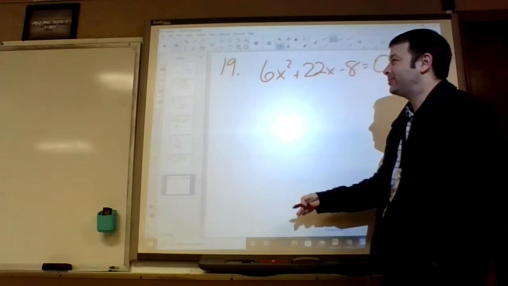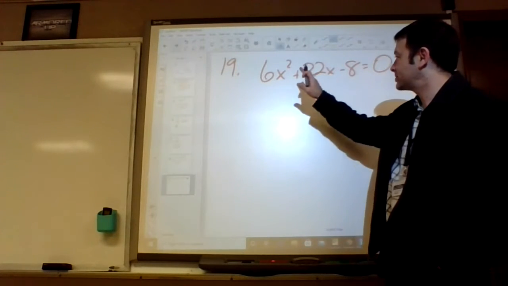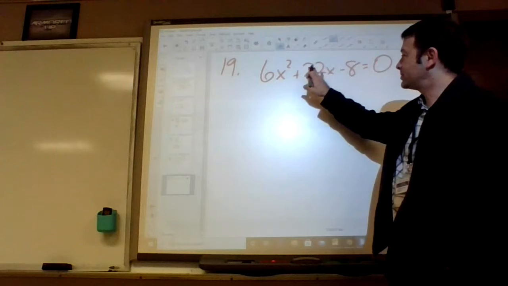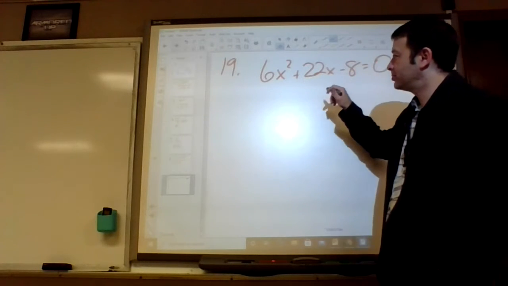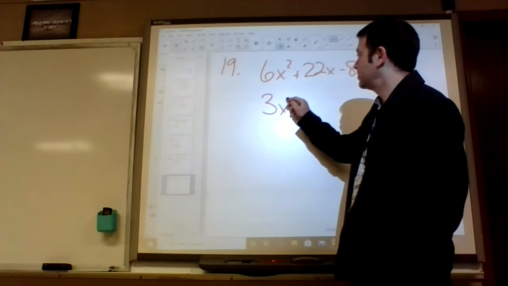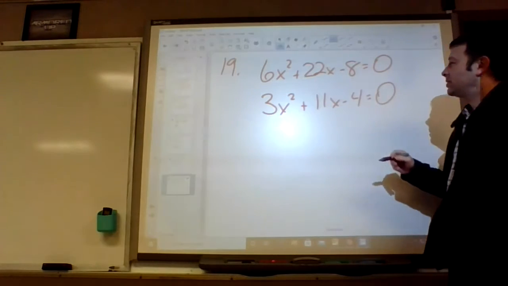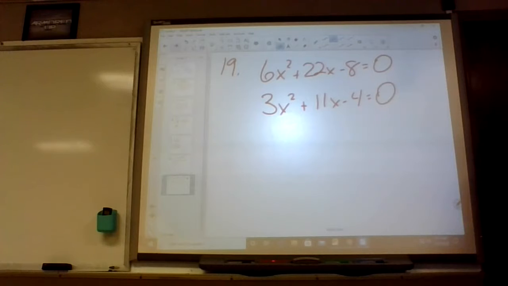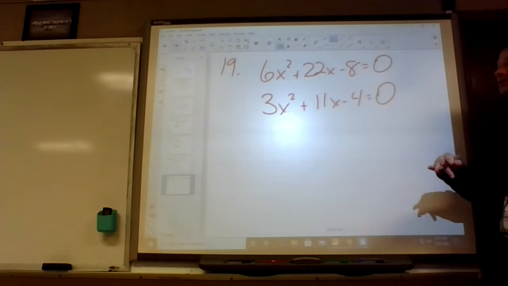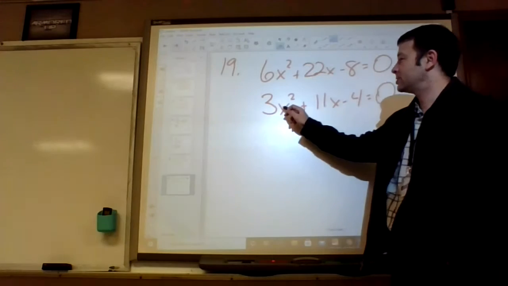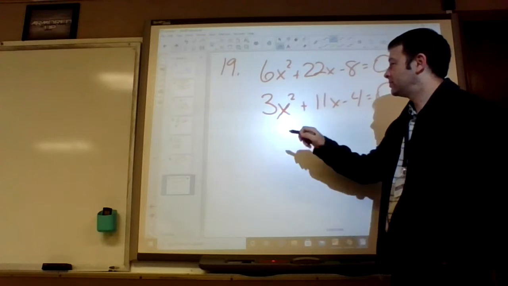If it was not an equation, I would have to keep the 2, but since it's an equation, if I divide both sides by 2, I still get a true equation. So I get 3x squared plus 11x minus 4. By the way, if I didn't take the 2 out, I still would have gotten the right answer. It would just have been harder to find.